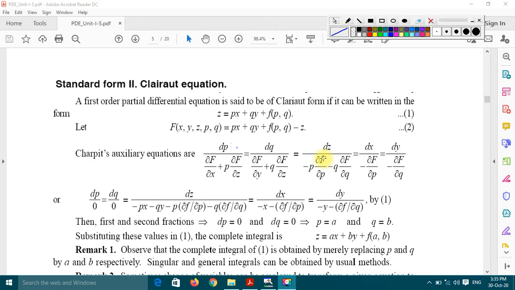In the last video we discussed standard form 1, when the given partial differential equation contains only p and q. But in this form, the partial differential equation contains x, y, z, p and q.